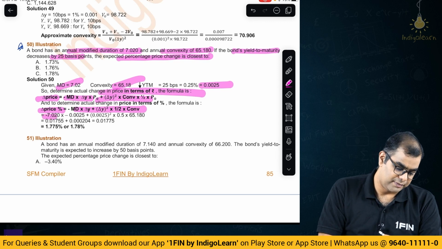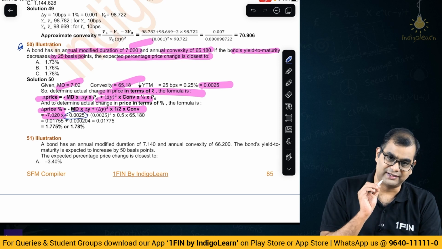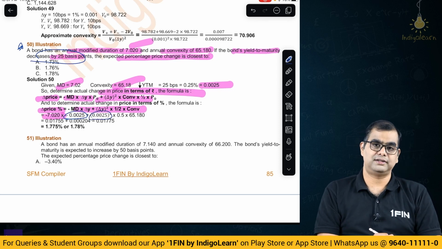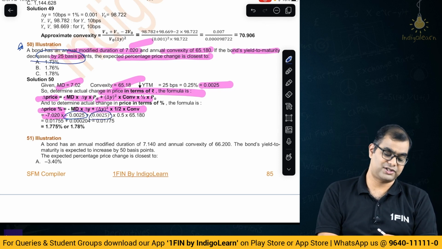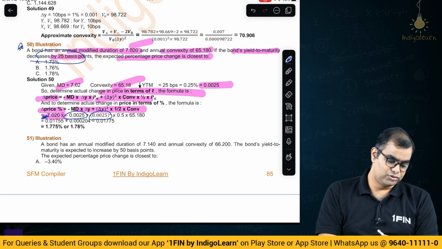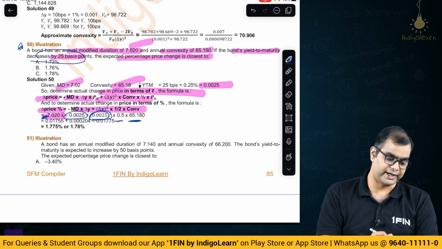What will this be? Minus 7.02, which is basically your modified duration, into change in yield, which is a reduction in yield, correct? Decrease in yield, so minus 0.025, plus 0.025 whole square into half into 65.18.